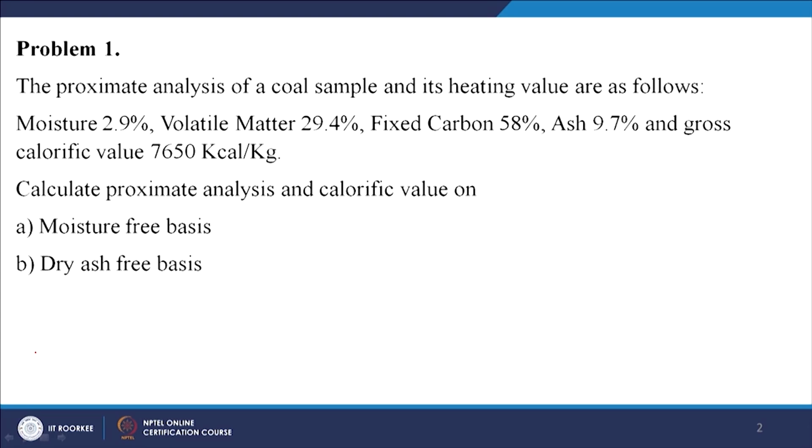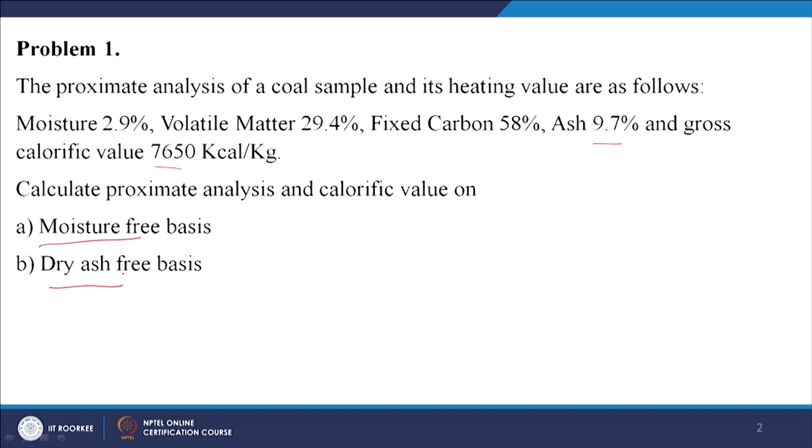Moisture 2.9%, volatile matter 29.4%, fixed carbon 58%, ash 9.7% and gross calorific value 7650 kilocalorie per kg. Calculate proximate analysis and calorific value on moisture free basis and dry ash free basis.